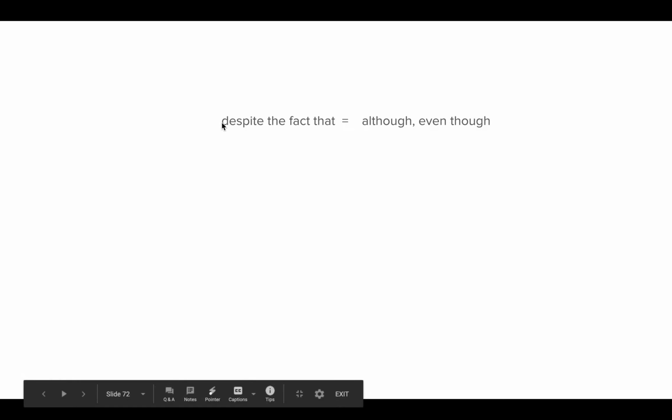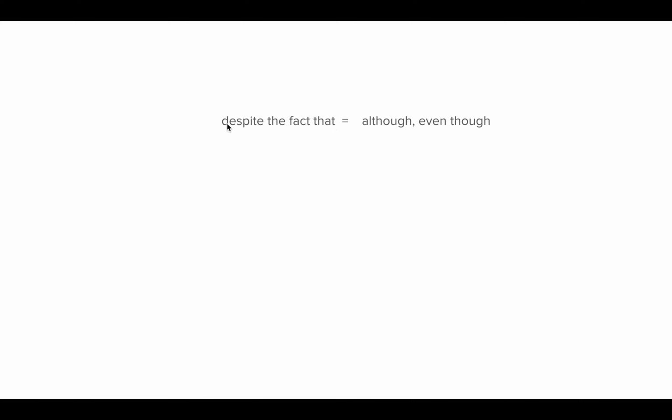Okay, so instead of writing despite the fact that, what single word could we use in place? We could say although, or even though, depending on the clause that it starts with. Okay? And again, I would say you could probably do this in almost every instance. I don't think there's really an instance that would ever necessitate using despite the fact that instead of although.